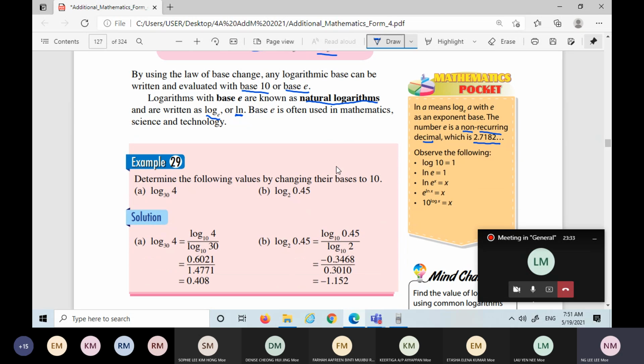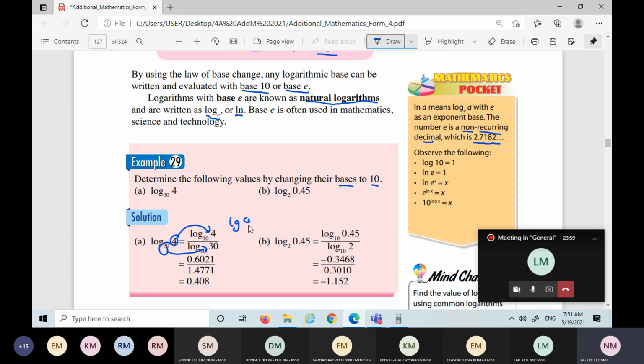Okay, so we continue to look at the example. Determine the following value by changing the base to 10. So this one they want you to change the base to 10. Very simple: log base 30 of 4. Change to base 10: the 4 goes at the numerator and the 30 at the denominator, so it becomes log 4 over log 30.